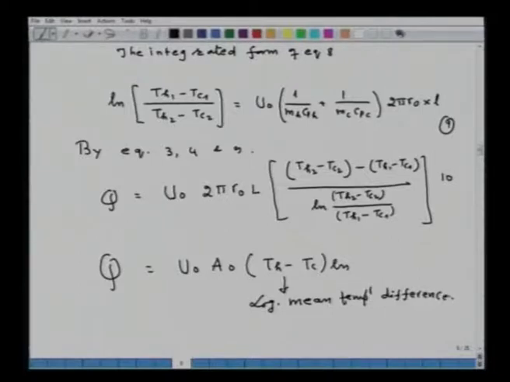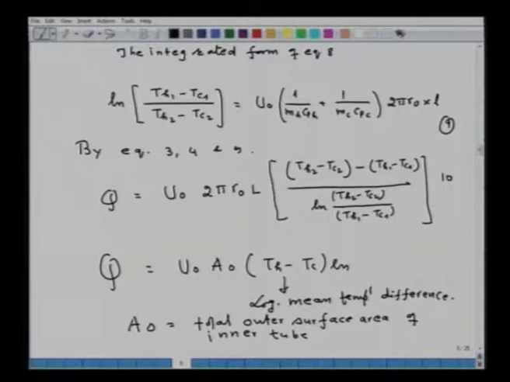A0, remember, is the total outer surface area of the inner tube. It is not a cross sectional area, it is 2 pi R0 L, along the entire length, and that area you have to take into account.